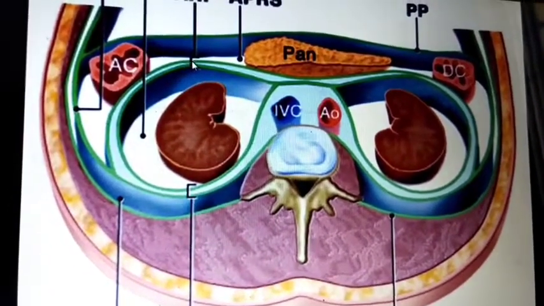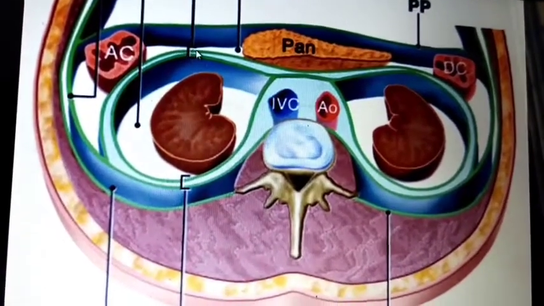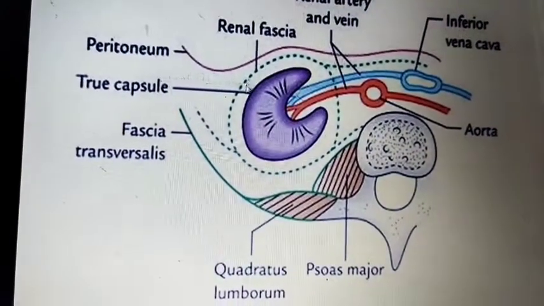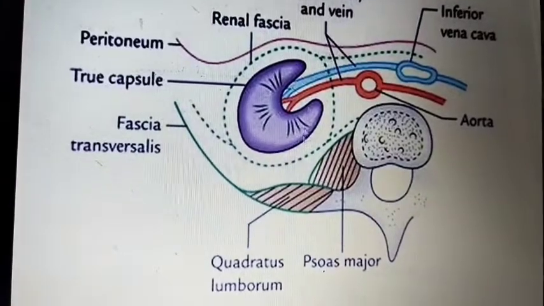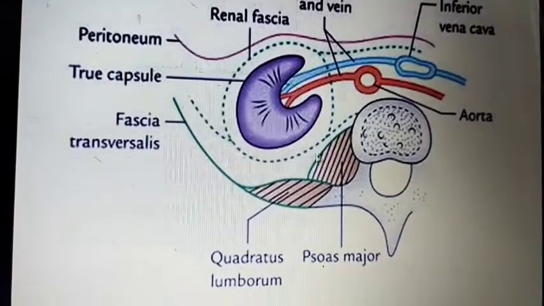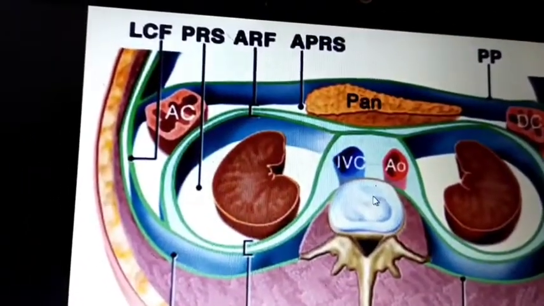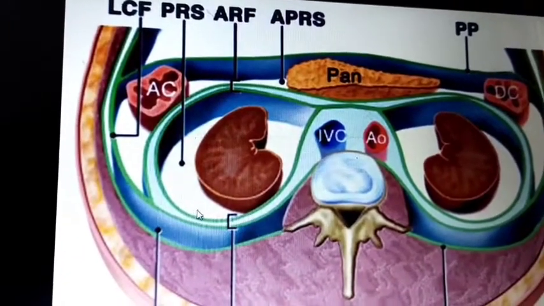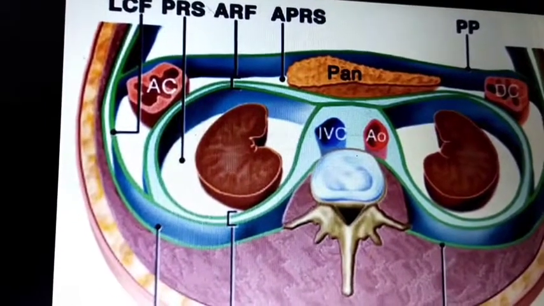And this is the anterior renal fascia. It is present on the anterior side, that's why it is the anterior renal fascia, and this fascia present posteriorly is the posterior renal fascia. In this picture you can see the anterior renal fascia and the posterior renal fascia, like that.